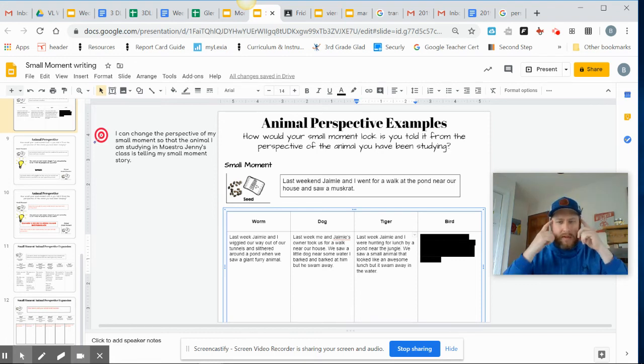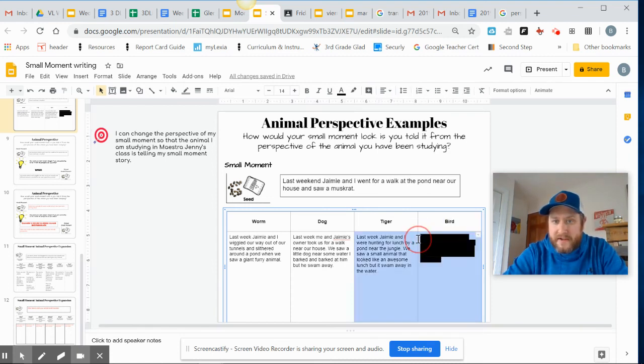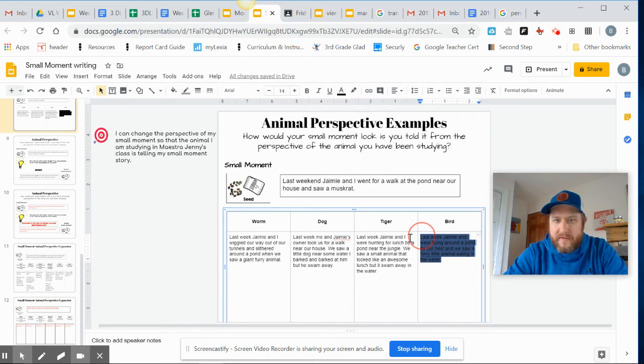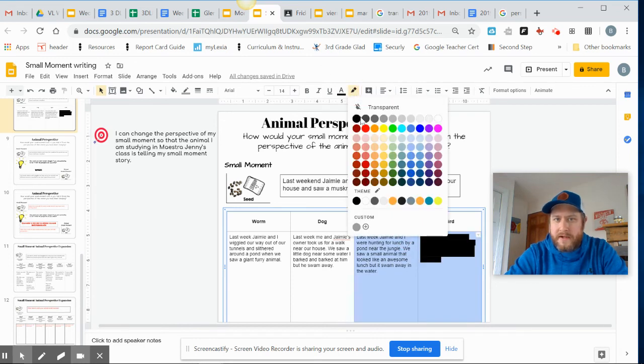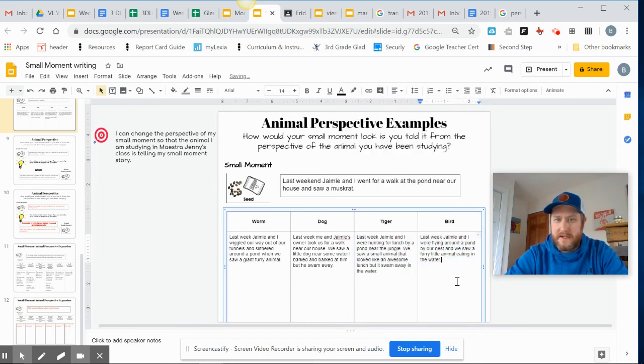So let's try to do this one more time. If we're a bird, is a bird going to go for a walk? Or what do birds do? They're going to fly. So that's going to be a big difference if you're telling this from the perspective of a bird. A bird would not be walking, a bird flies.